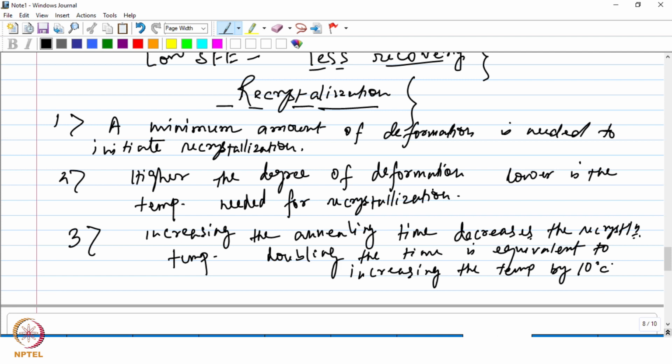And vice versa. That means if you increase the temperature by 10 degrees Celsius, your time will be half, right?